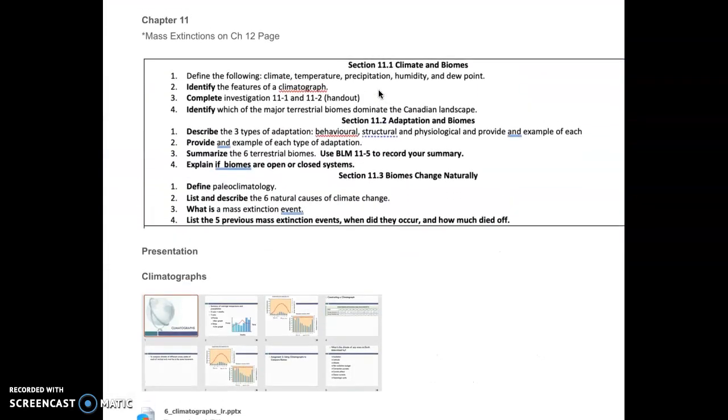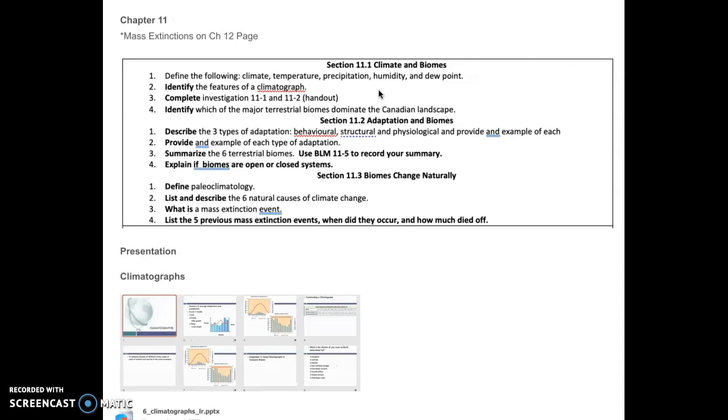Okay, so chapter 11, first of all, is where we're at. You did watch the mass extinctions page, 2 videos yesterday, and that was on the chapter 12 page. What's key there is the idea, looking at number 3 right here, that a mass extinction is an event where a whole pile of species goes extinct all at once.